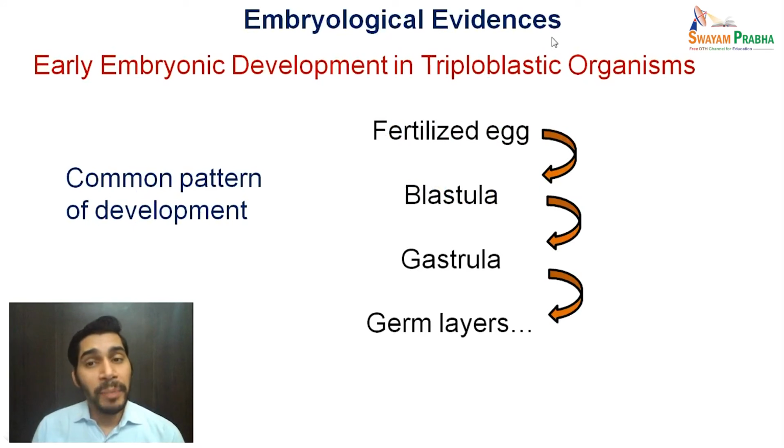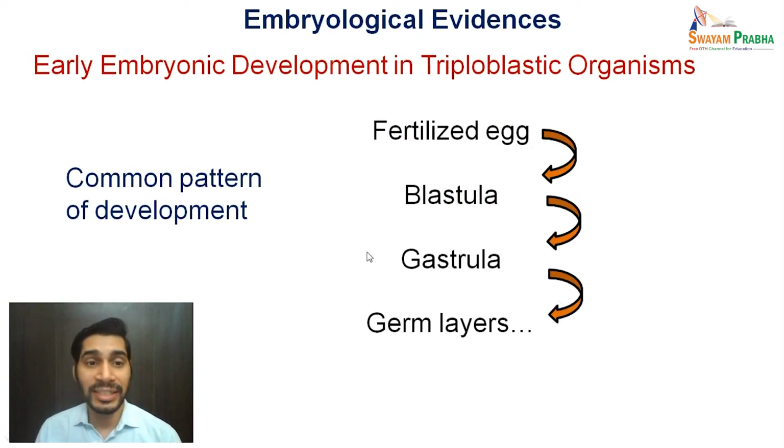So, in triploblastic organisms, if you compare their embryonic development, there is a common pattern of development. After fertilization, an egg goes to the next stage, which is called blastula. Blastula goes to gastrula, and gastrula then forms the germ layers, which further leads to formation of tissues and organ systems.